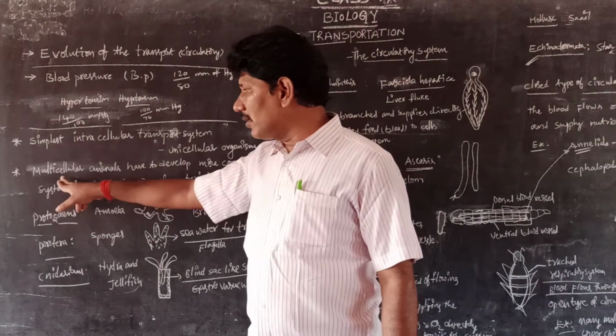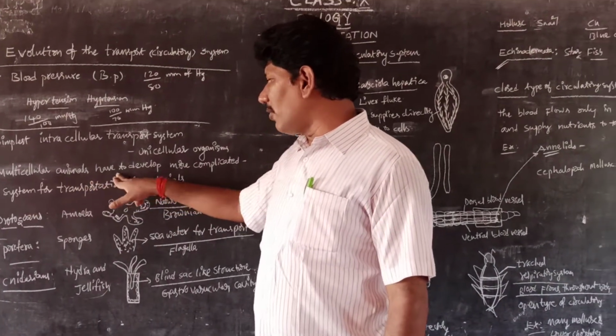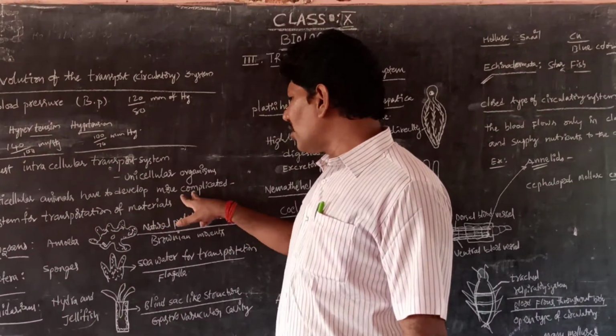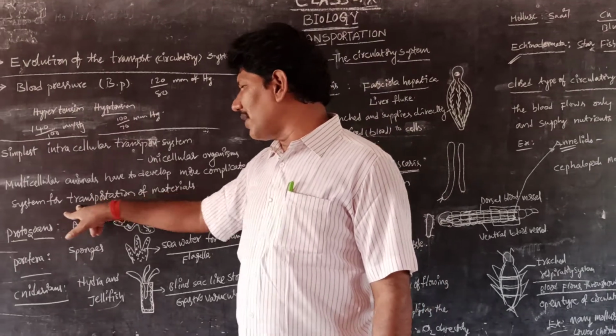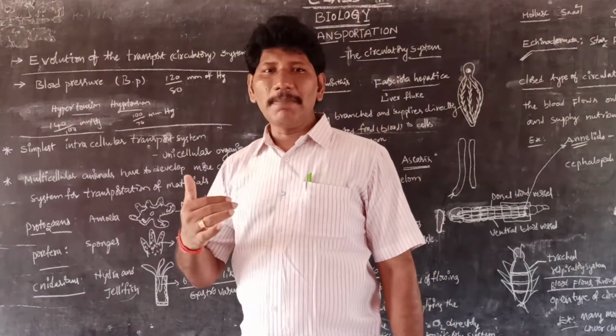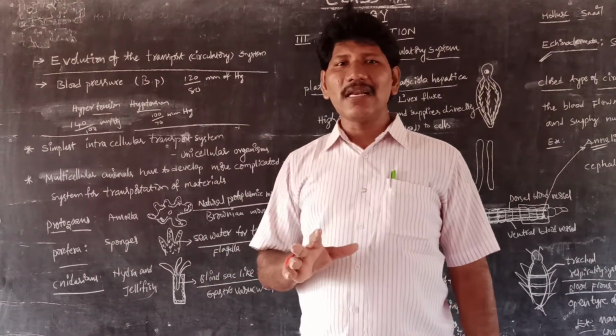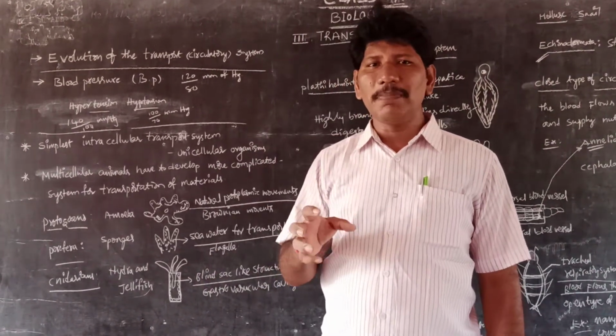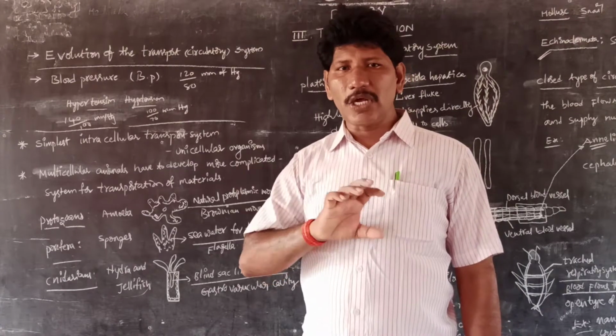Multicellular animals have to develop a more complicated system for transportation of materials when compared to unicellular ones. They have to develop a separate system to transport these materials.